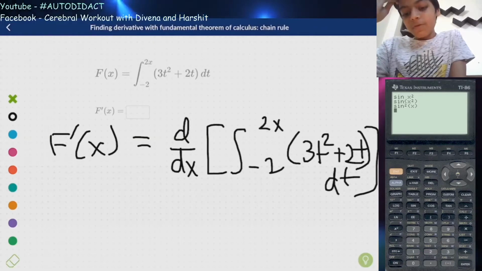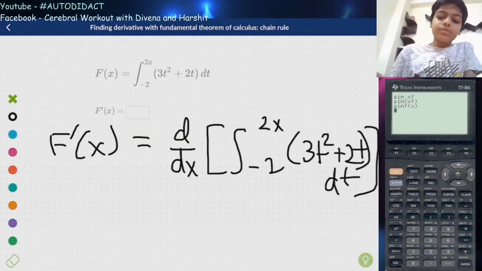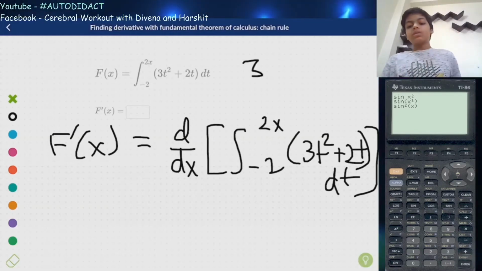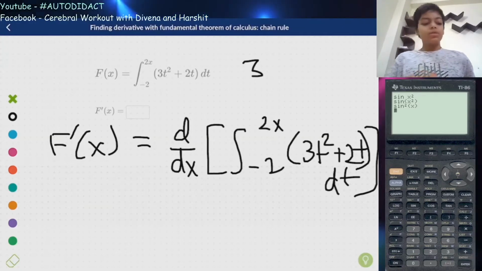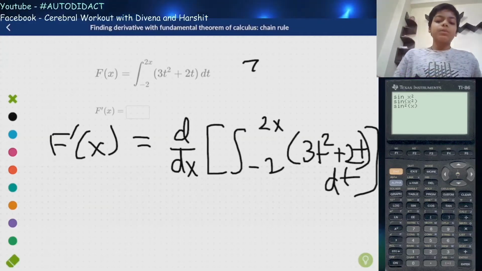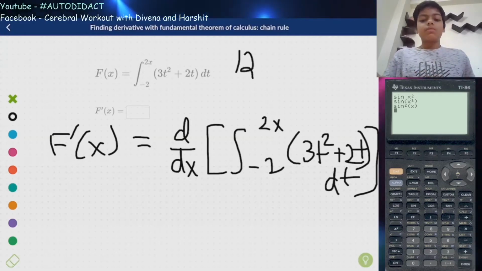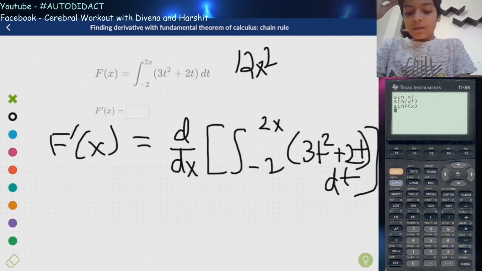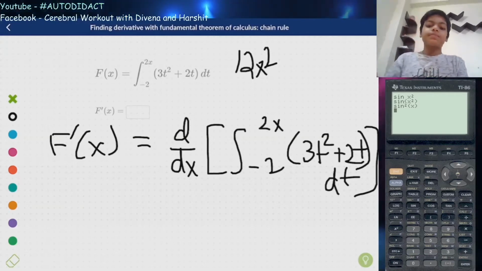When we fill in t equals 2x, we get 3 times 2x squared, so 3 times 4x squared, which is 12x squared, plus 2t, which means 4x.